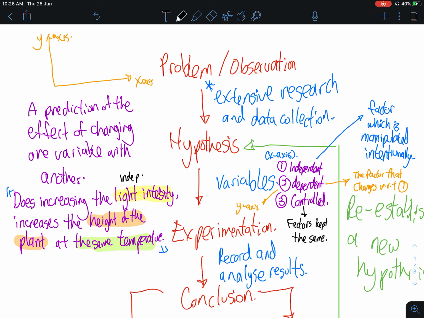For the height, it is the dependent variable. Why? Because it is dependent on the amount of light intensity. So whether the height increases or decreases depends on how highly concentrated or less concentrated the amount of light intensity is being given. And same temperature, the hint is same temperature, so this would be the controlled variable.